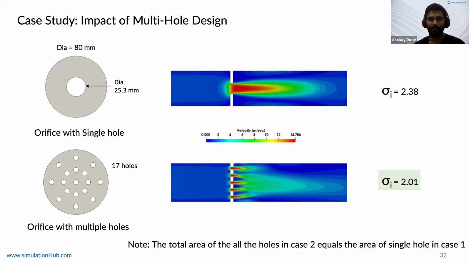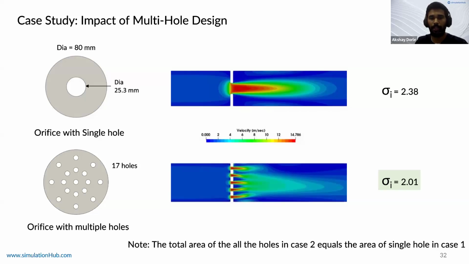It is always confusing, so I just want to bring that point again and again. This is fairly straightforward as well. Whenever there is a small opening, there is a larger magnitude of pressure drop. In a single hole case, the pressure drop happens very abruptly across that single hole.